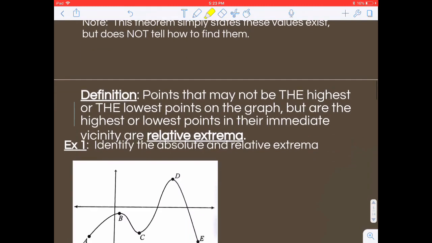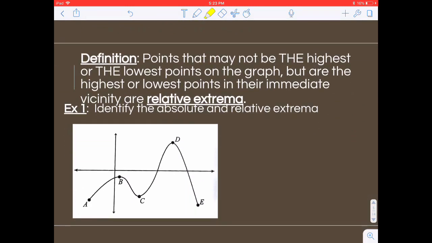Okay, another definition here and an example. Points that may not be the highest or the lowest points on the graph, but are the highest or lowest points in their immediate vicinity are the relative extrema.